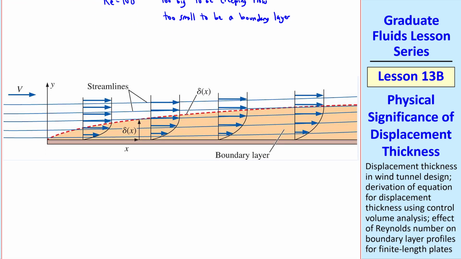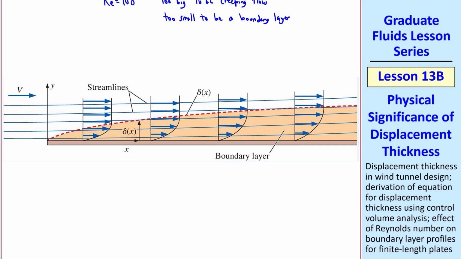Finally, in another figure from my textbook, I carefully plotted streamlines with an exaggerated boundary layer thickness so that all these streamlines eventually cross delta. If I also sketch delta star, which as we said previously is about 1/3 the thickness of delta, all the streamlines eventually pass through that as well. So neither delta nor delta star are streamlines.